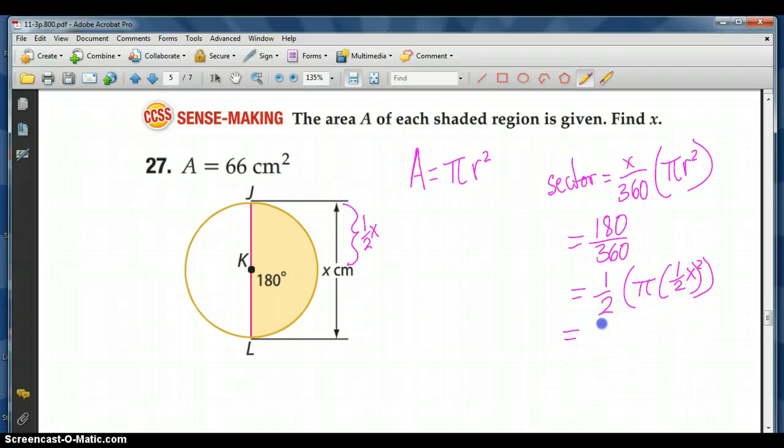So to simplify, we get 1/2 times pi, and we want to square this, so 1/2 squared, that would be 1 squared is 1, 2 squared is 4, x squared is x squared. Simplifying this, 1 times 1, 2 times 4, and pi x squared.